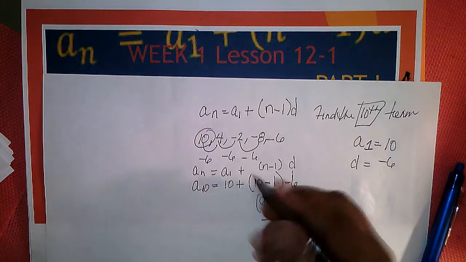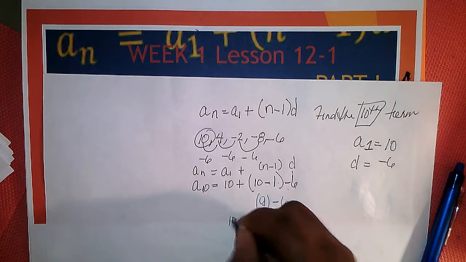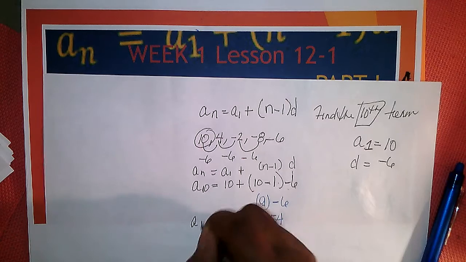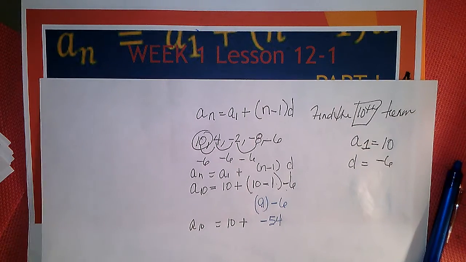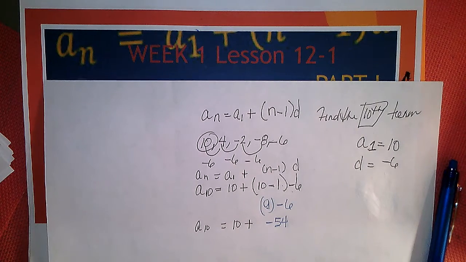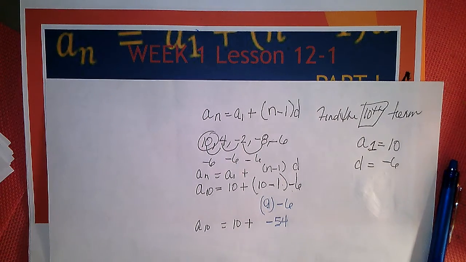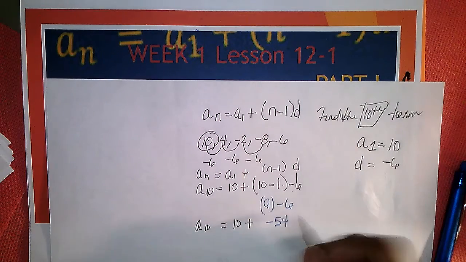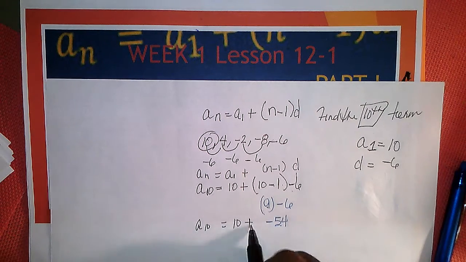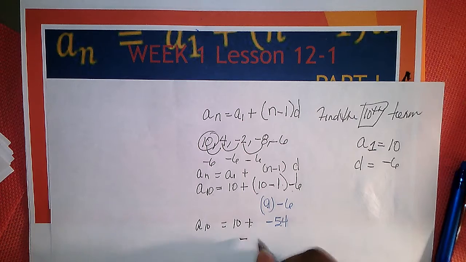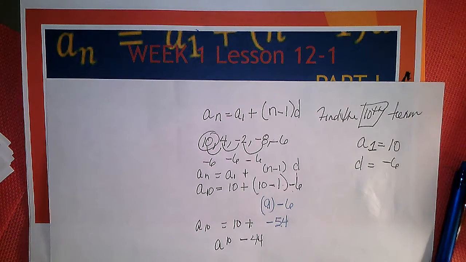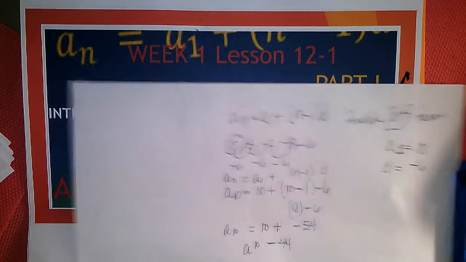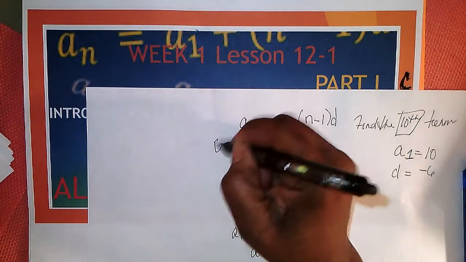Then we bring everything else down. So now we have negative 54 plus 10, which gives us a negative 44. So our a_10 is negative 44. All right, so that's one example.